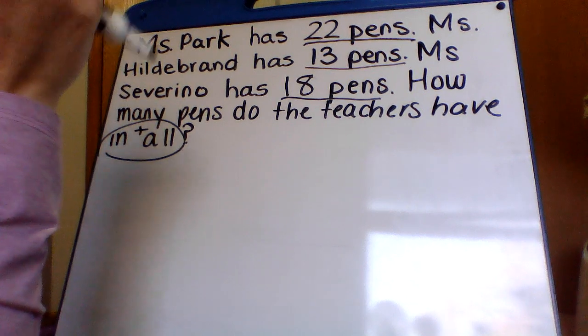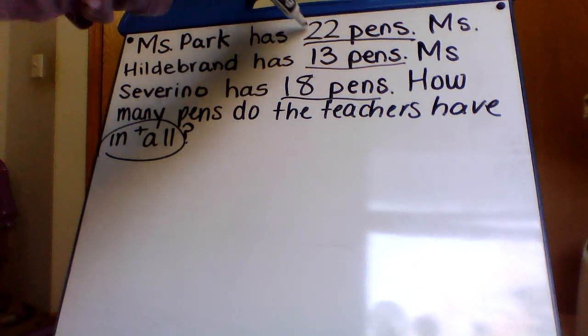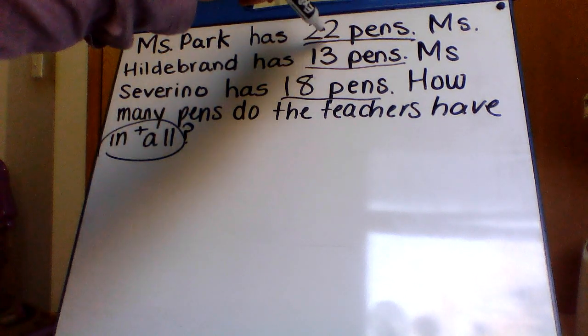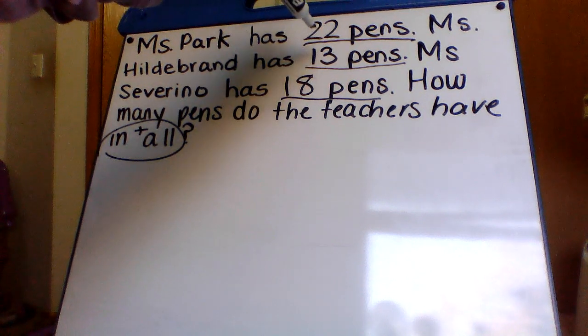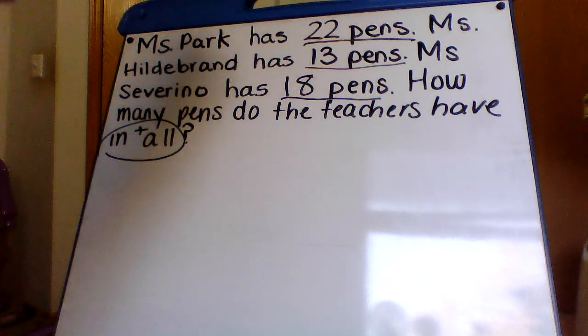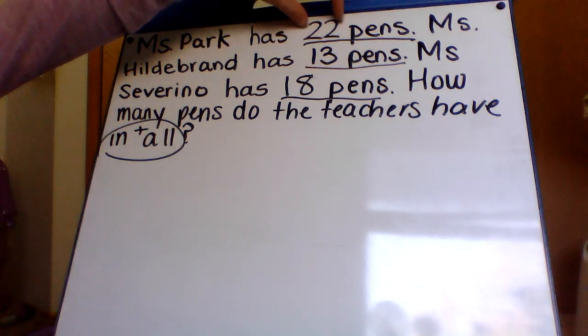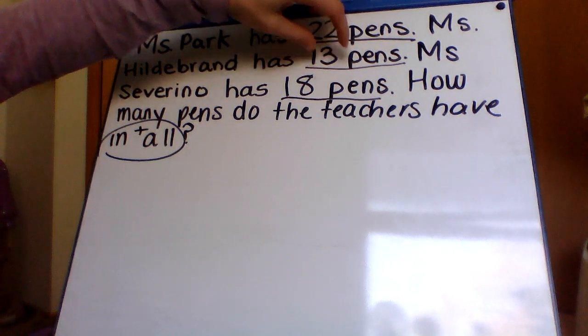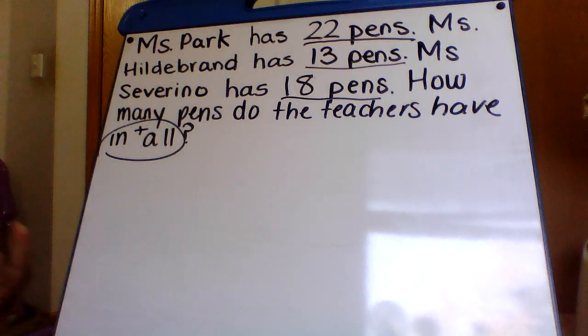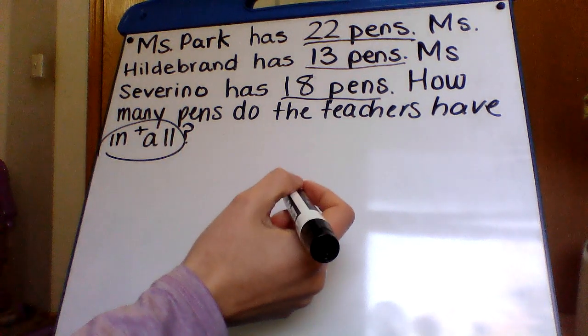So what I'm going to do is pick these 2 numbers. I'm going to go right in order, my 22 and my 13, because I don't want to mess up, right? When I start and I solve my problem, I always start usually with my first number, then I go to my second number, my third number, just to make sure that I don't miss anything, which I have seen happen before.